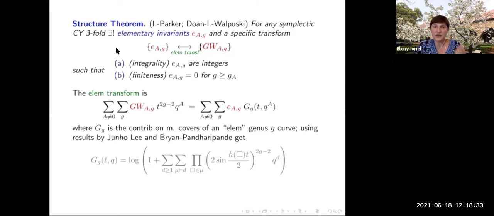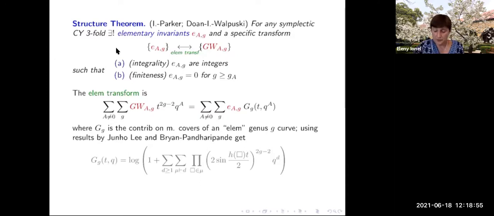And maybe the other thing I should mention is that though it doesn't look anything like it, for genus 0, this is the same as the function before. If you let g be 0, this elementary invariant E_{A,g} equals N_A in genus 0. But in higher genus, they start being different, so they're not equal.